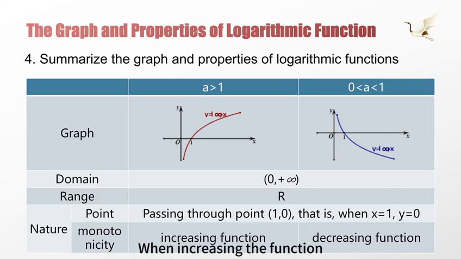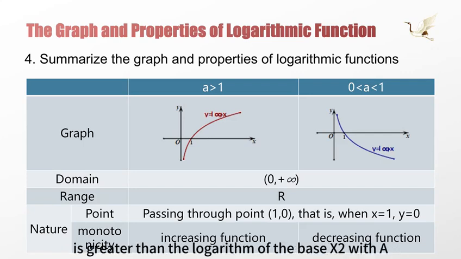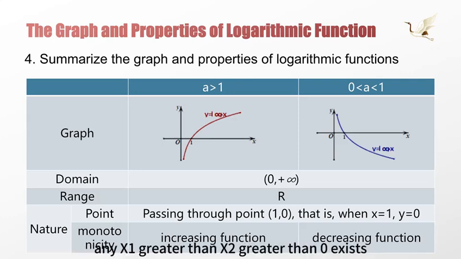For an increasing function, for any x1 greater than x2 greater than 0, the logarithm of x1 with a as the base is greater than the logarithm of x2 with a as the base. For a decreasing function, for any x1 greater than x2 greater than 0, the logarithm of x1 based on a is smaller than the logarithm of x2 based on a, and vice versa. So for this property, we can summarize it intuitively from the image or analyze it mathematically.